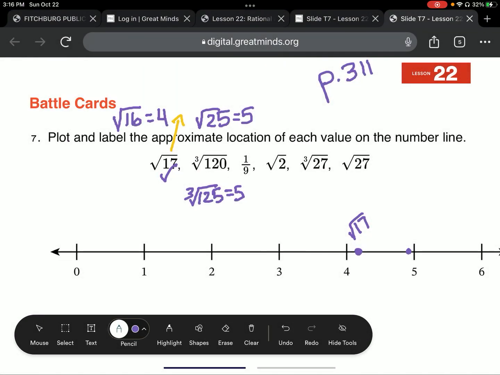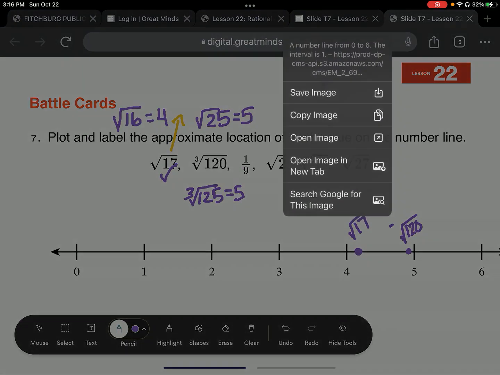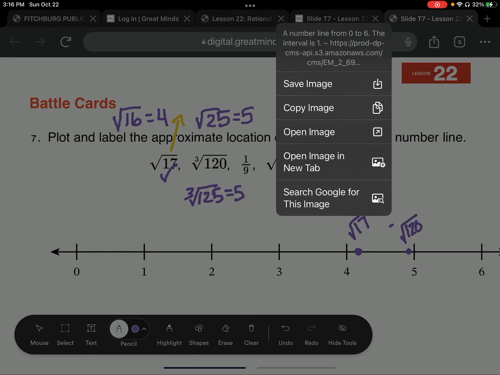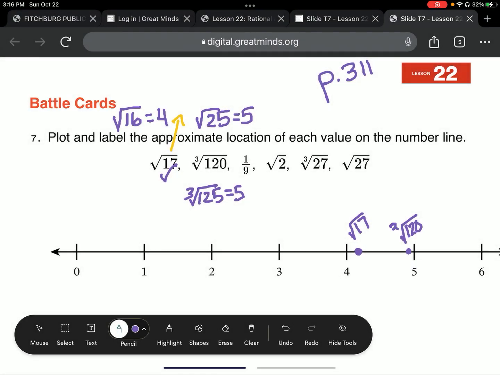I don't even really have to go that much deeper into it. I just know it's going to be really, really close to 5 here. I don't know why my Apple Pencil keeps doing that. Maybe it's some sort of weird shortcut. I don't know. But the cube root of 120 is going to be there.